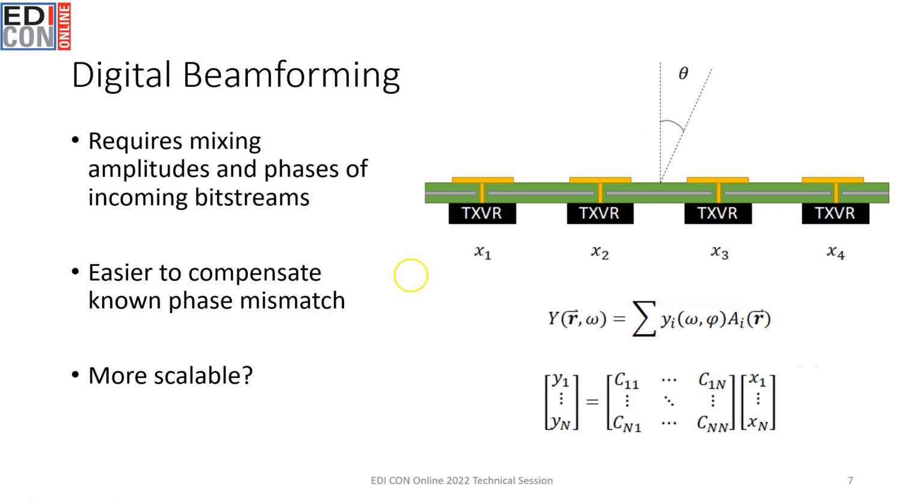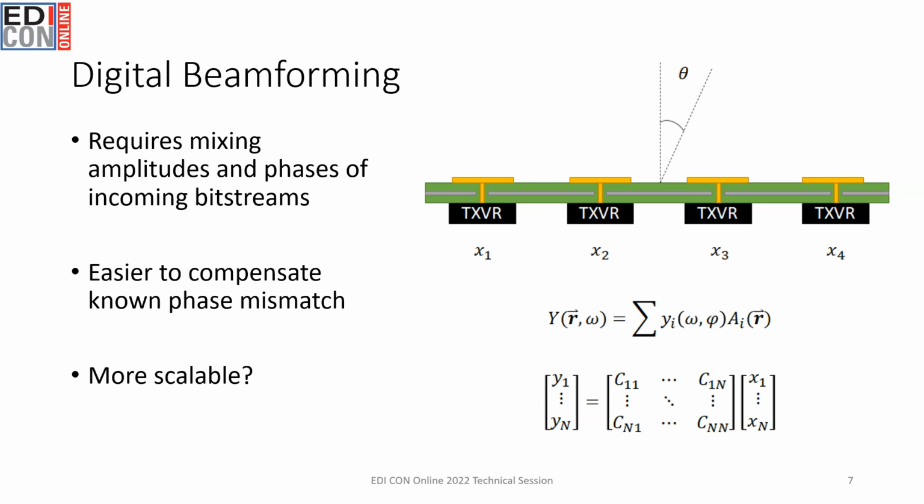There's also digital beamforming. Digital beamforming essentially involves mixing the amplitudes and phases of incoming bit streams. And it is easier to compensate for known phase mismatches just by delaying these bit streams by certain amounts, whereas in the case of analog beamforming, I have not heard of any kind of on-chip calibration procedure that could compensate for a phase mismatch, at least not extreme phase mismatches.